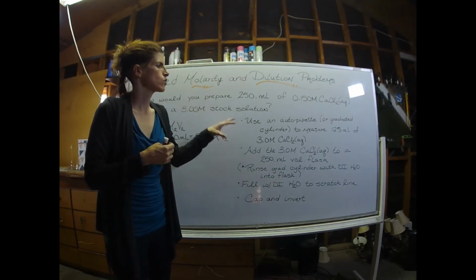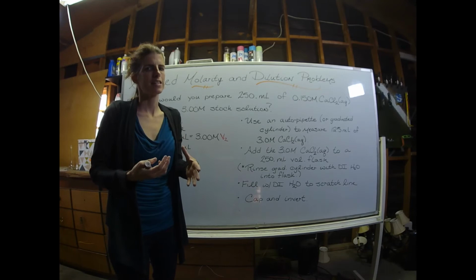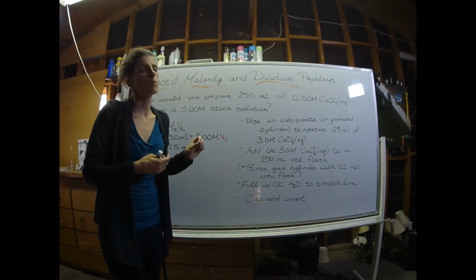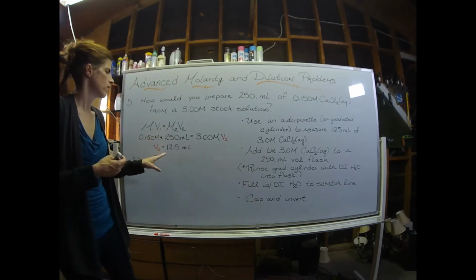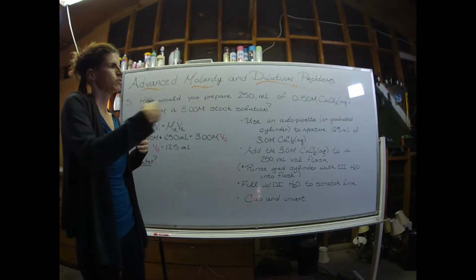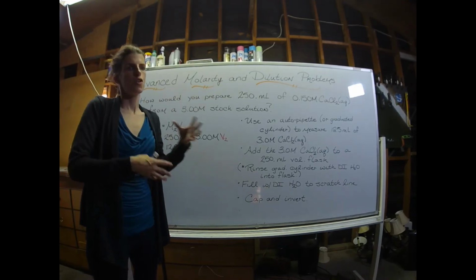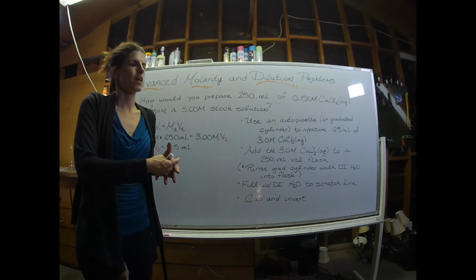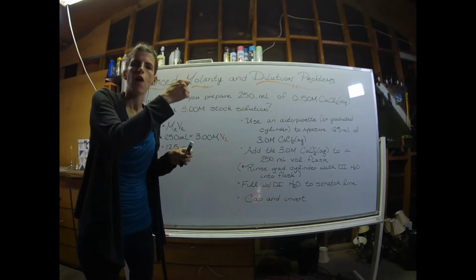Instead, we're going to use an autopipette if you have access to one. And the autopipettes are extremely useful when you're dealing with smaller volumes, like 12.5 mLs. When you get up to larger volumes, you're going to have to resort to using a graduated cylinder or maybe a volumetric pipette.